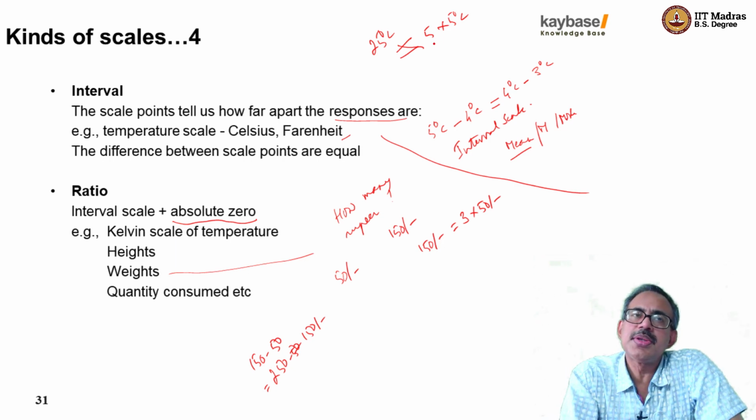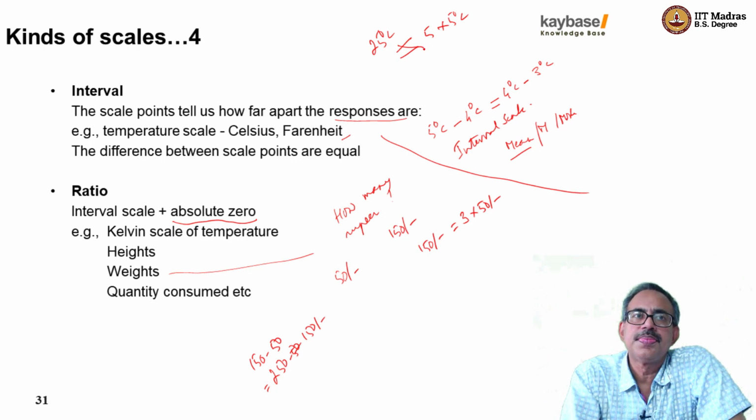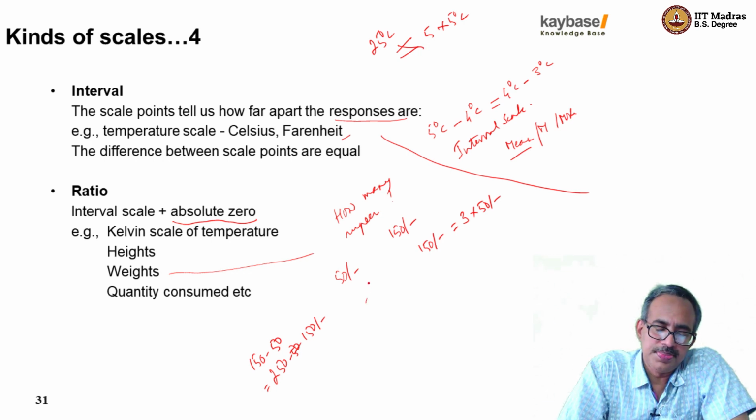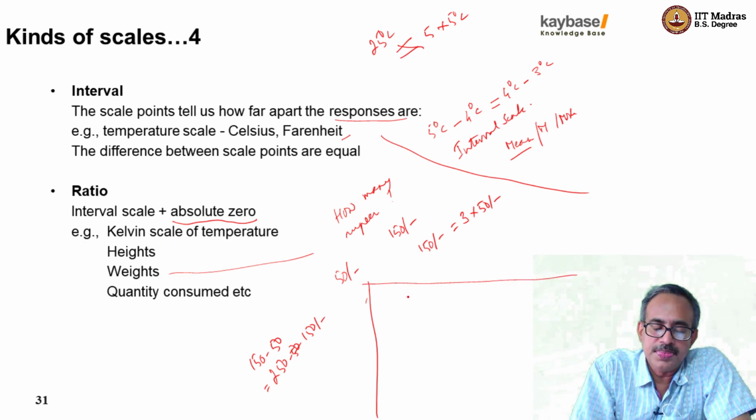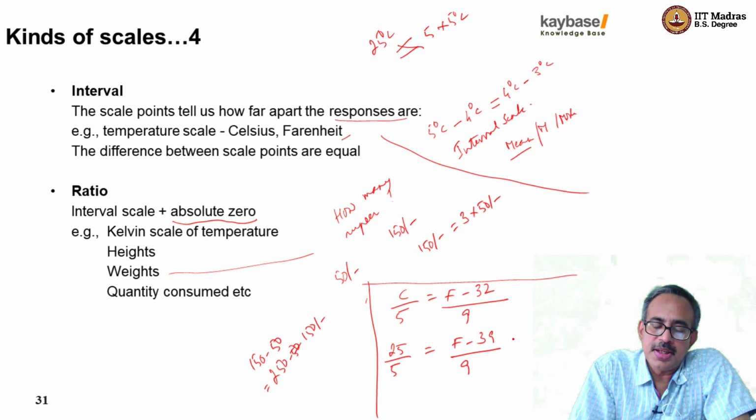Do you know why 25 degrees Celsius is not equal to 5 times? How to prove it? It's very easy. Convert it to Fahrenheit. Okay, there's a formula that we all learned in school. C by 5 equal to F minus 32 by 9. So if you have to convert 25 to Fahrenheit, 25 by 5 equal to F minus 32 by 9. That is 5 equal to F minus 32 by 9.